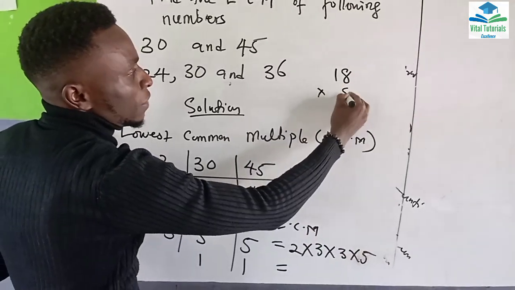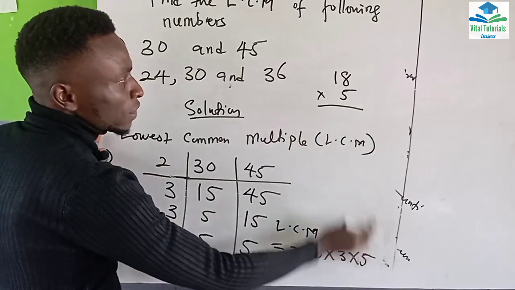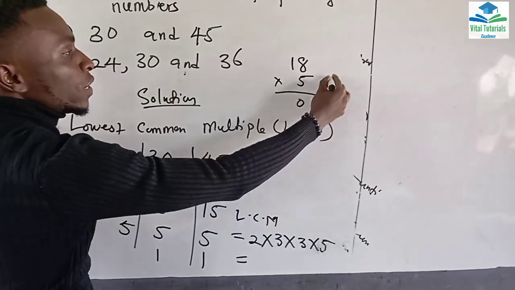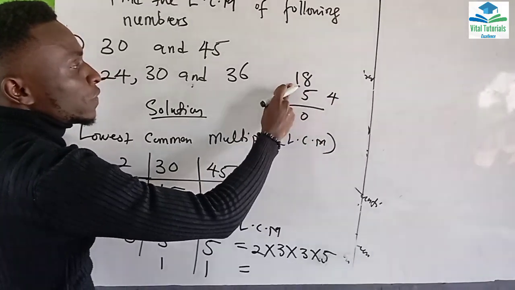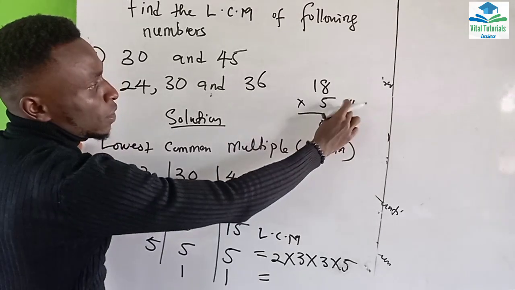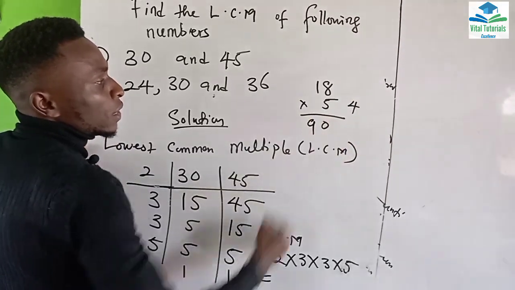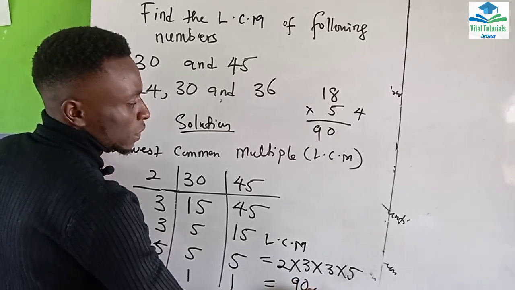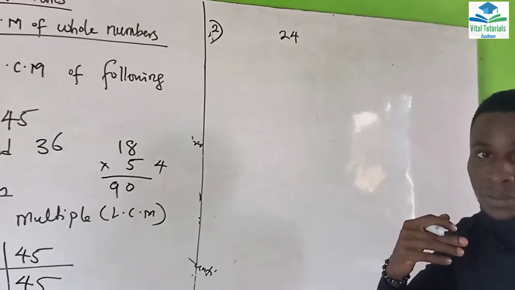Then 18 times 5, this last 5 here. 5 times 8 is 40, write 0 carry 4. And 5 times 1 is 5, plus that 4 that you carried, that makes it 9. So the LCM of these two numbers is 90.